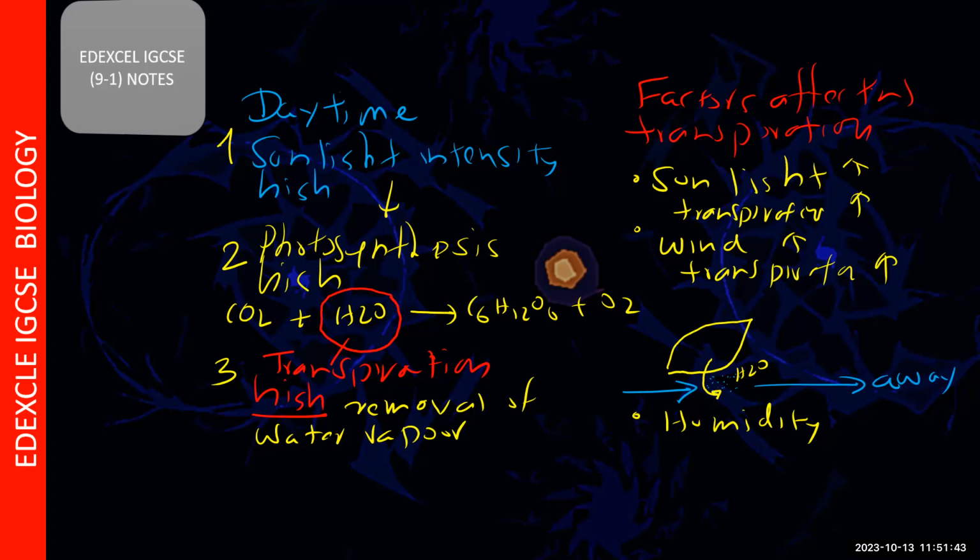So then we can understand this: if the humidity is high, that means the atmosphere has a lot of water vapor, then transpiration decreases.